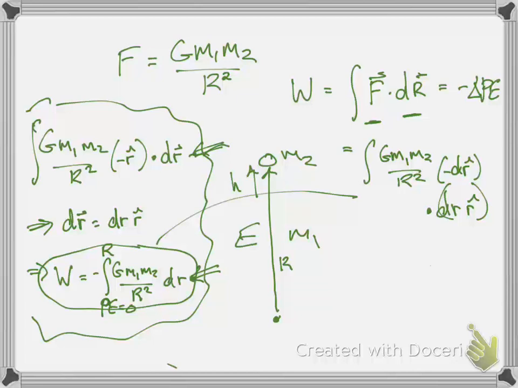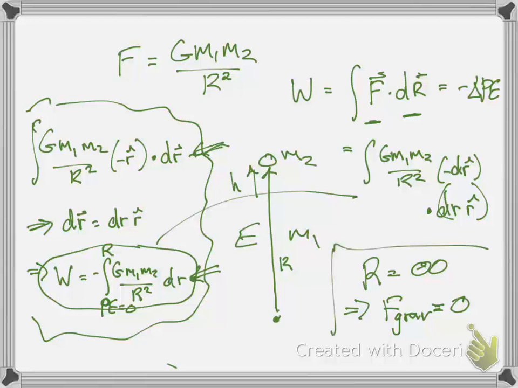Where does the gravitational force not impact a body at all? When does the gravity go away? The gravity goes away when r equals infinity, when we're infinitely far away from the planet. Therefore, the force due to gravity is equal to 0. That is the only place that the force due to gravity is equal to 0. That doesn't mean we have to define potential energy equal to 0 at r equals infinity, but it's a good place to do it.